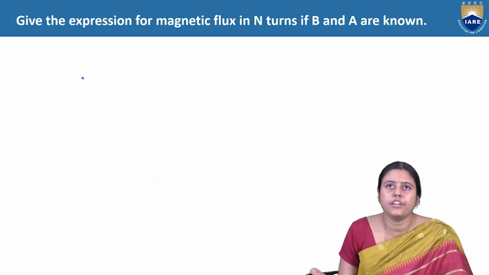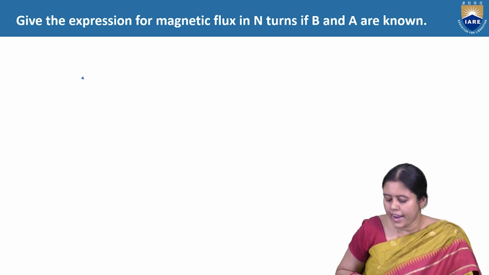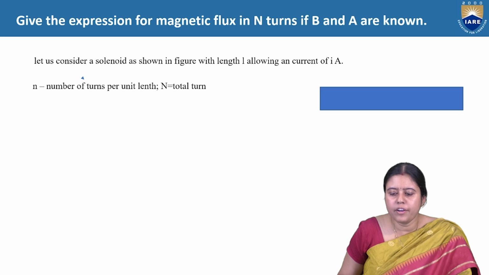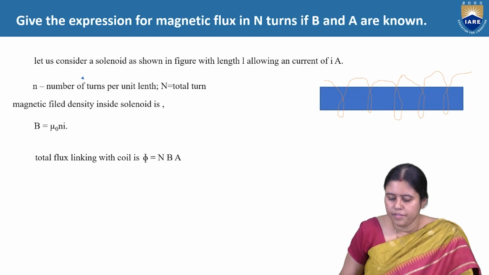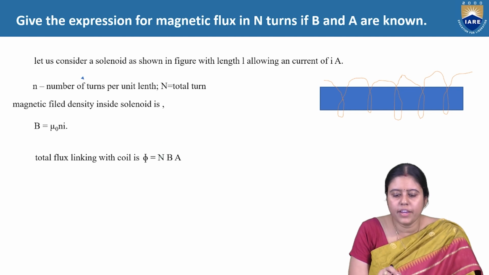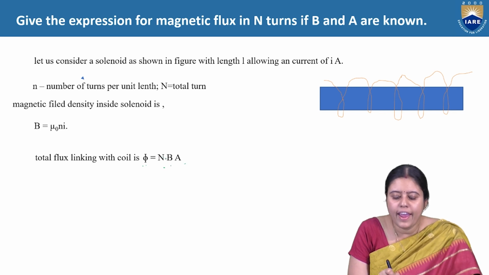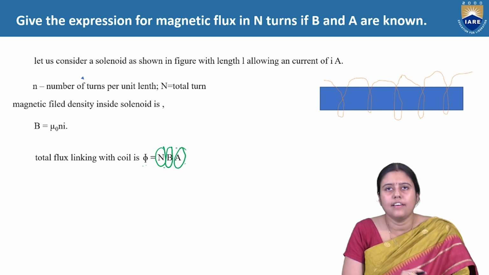Give the expression for magnetic flux for N turns if B and A are known. We have already discussed this. We can write the magnetic flux phi is equal to NBA, where N is the number of turns, B is the flux density, and A is the cross-sectional area.